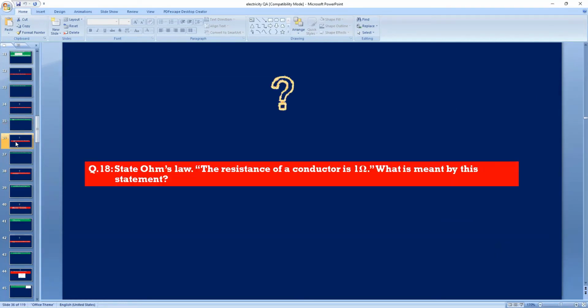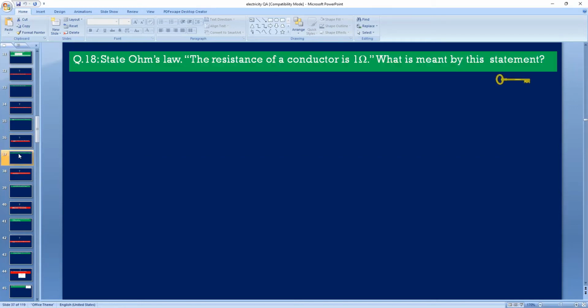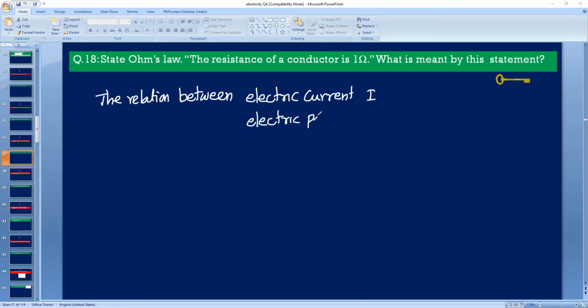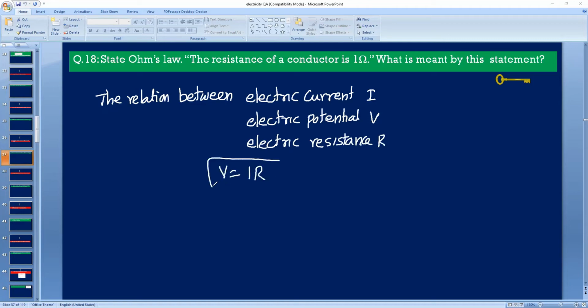State Ohm's law. The resistance of a conductor is 1 ohm. What is meant by this statement? What is Ohm's law? Ohm's law is the relation between electric current I, electric potential V, electric resistance R. So V is equal to IR is Ohm's law.